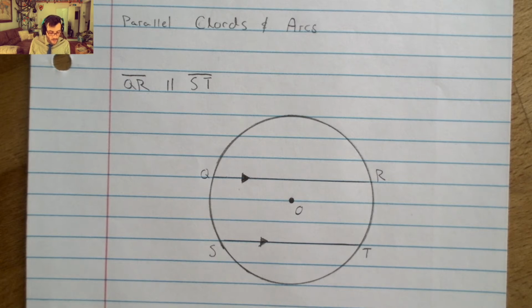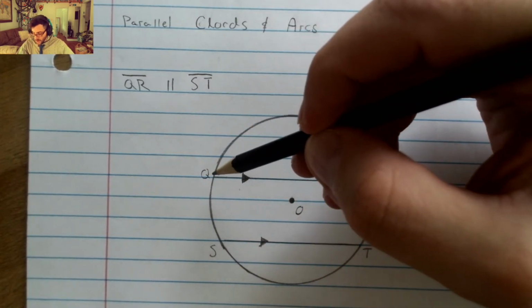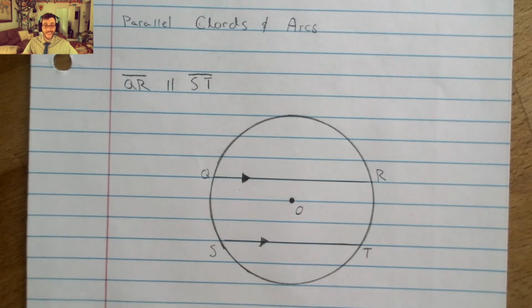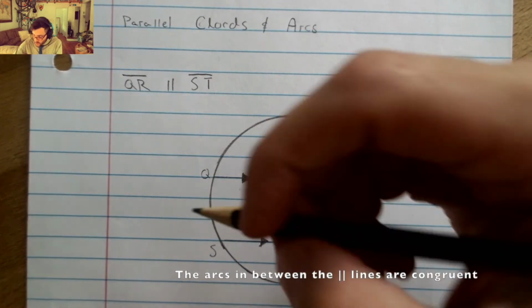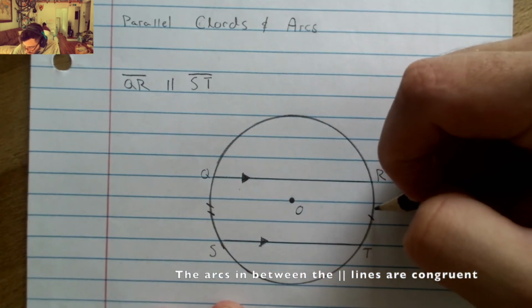Euclid came up with a valid theory, and he stated that if two lines are parallel to one another and they intersect a circle, essentially what ends up happening is you have two arcs which are congruent.